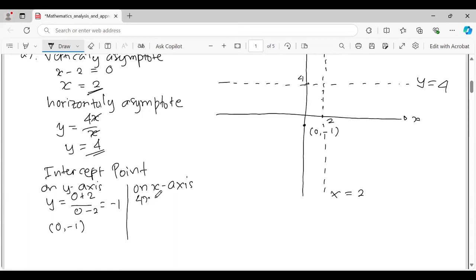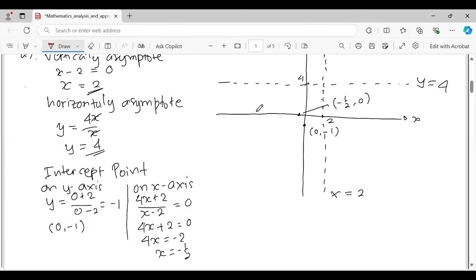So for (x plus 2) over (x minus 2) equals 0, so for x plus 2 equals 0, x equals minus 2. Hmm, x equals minus half here. This is minus half, comma 0.